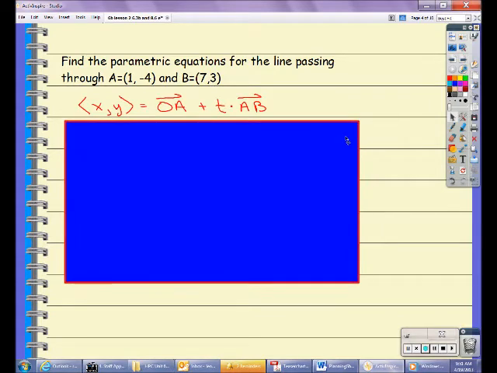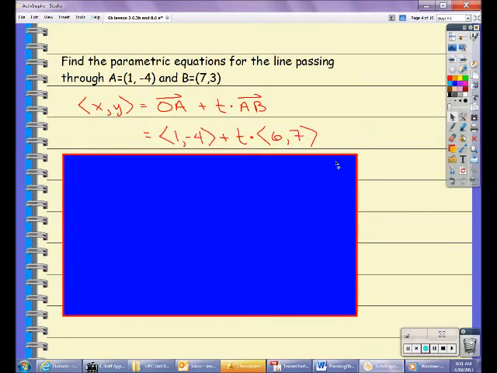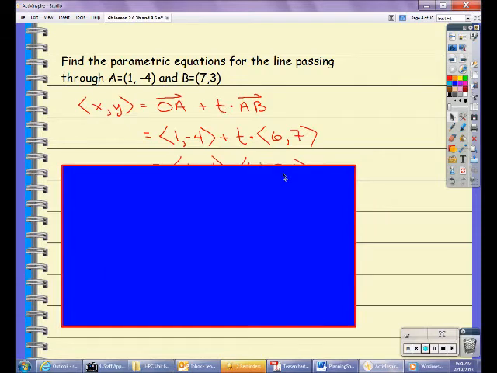Start with your equation. xy equals OA plus t times AB, starting vector and direction vector. Put those in using head minus tail. Here you are subtracting 0 from A, so nothing happened. Here you are subtracting B minus A. 7 minus 1 is 6. 3 minus negative 4 is 7.